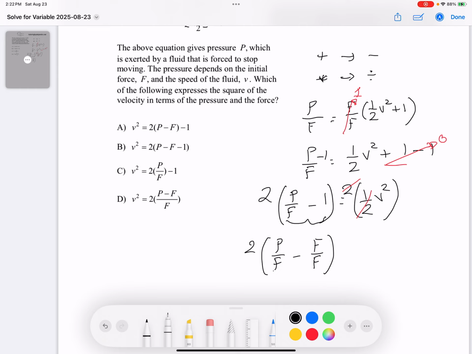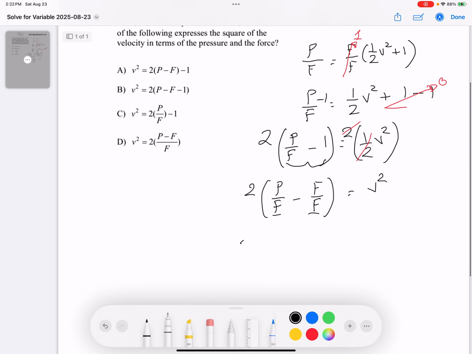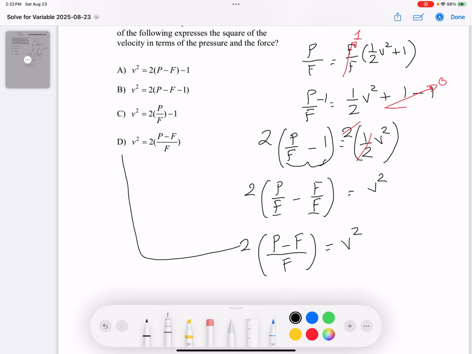And since I have the same denominator, I can join them into one fraction, right? So I'm going to have p minus f, all of that divided by just f, equals v squared. And that means my answer is D.